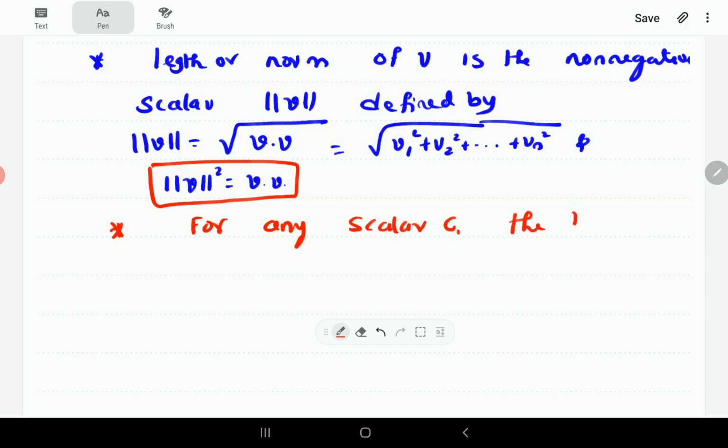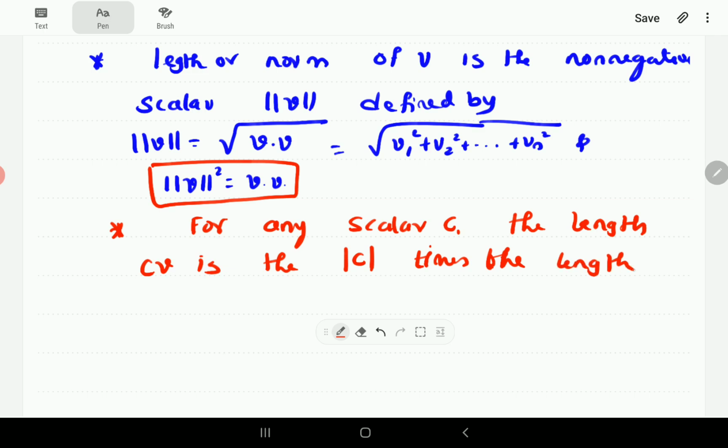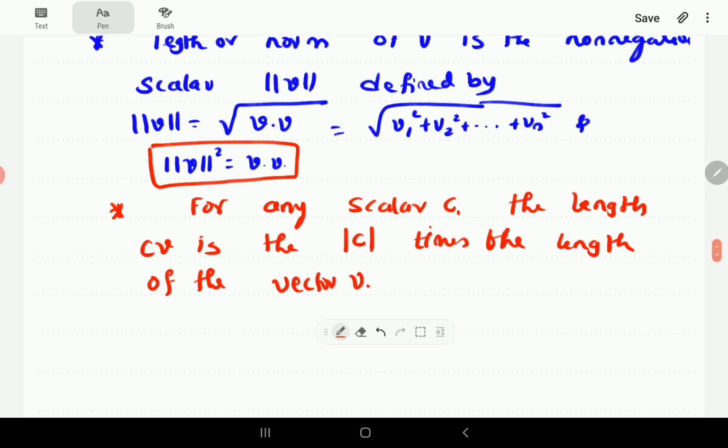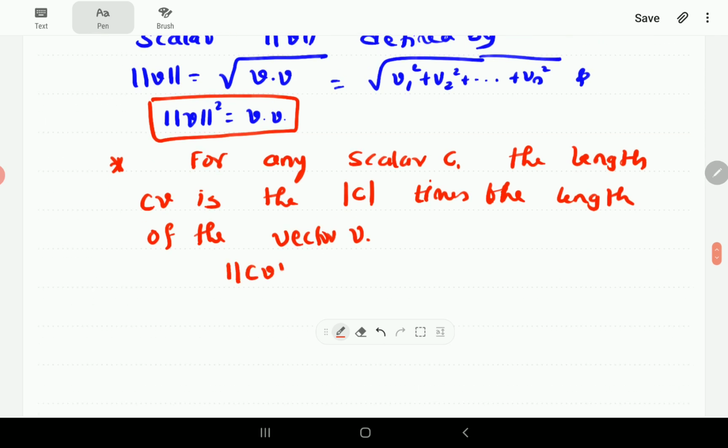The length of cv is the modulus of c times the length of the vector v. In short, if I have the norm of cv, it is a scalar, so I take it out, and it is just the modulus of c times the norm of v. So it is this times the length of the vector v.